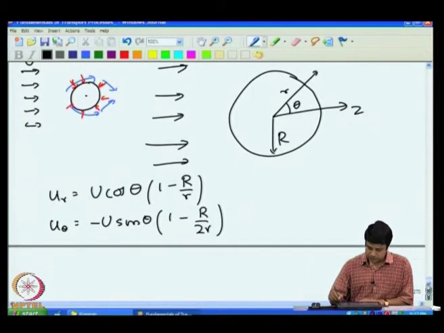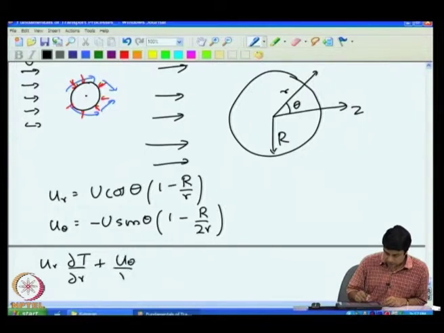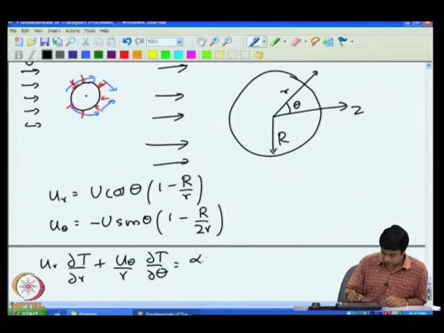And my convection diffusion equation is u_r partial T by partial r plus u_theta by r partial T by partial theta is equal to alpha into the diffusion term.